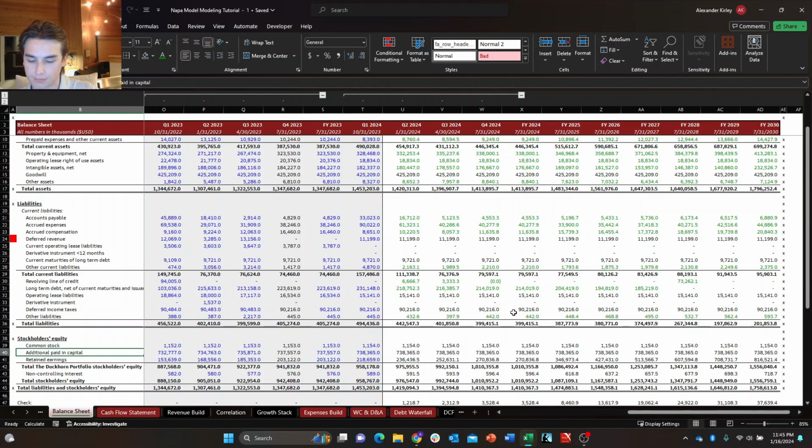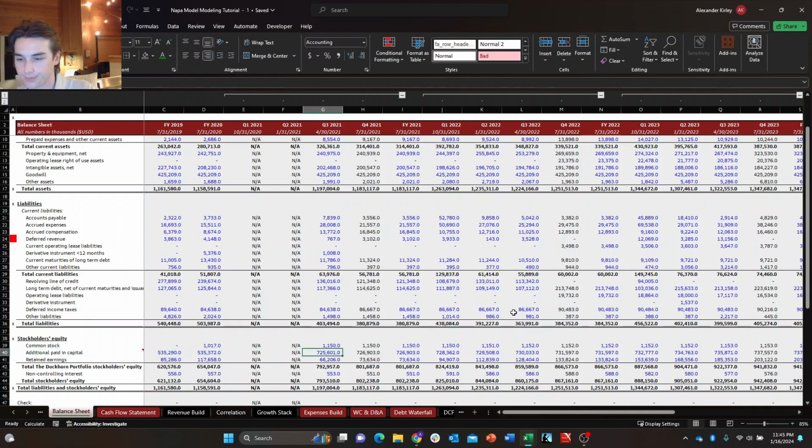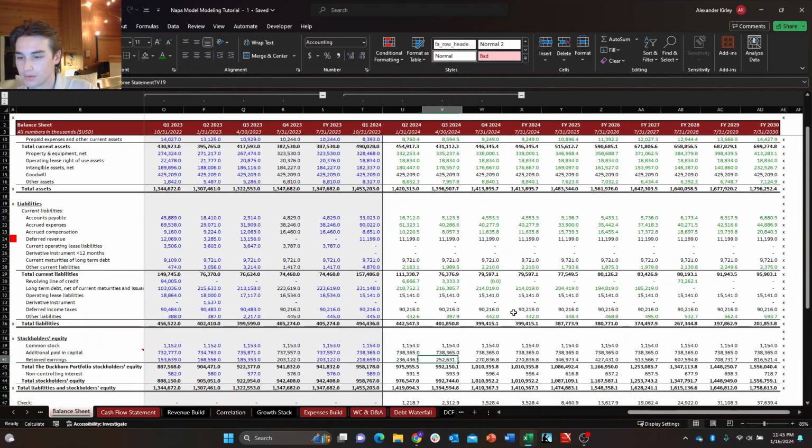So put a note over here stating that, and this is how it is done. Additional paid-in capital includes SBC. So what we want to do is rather simple.